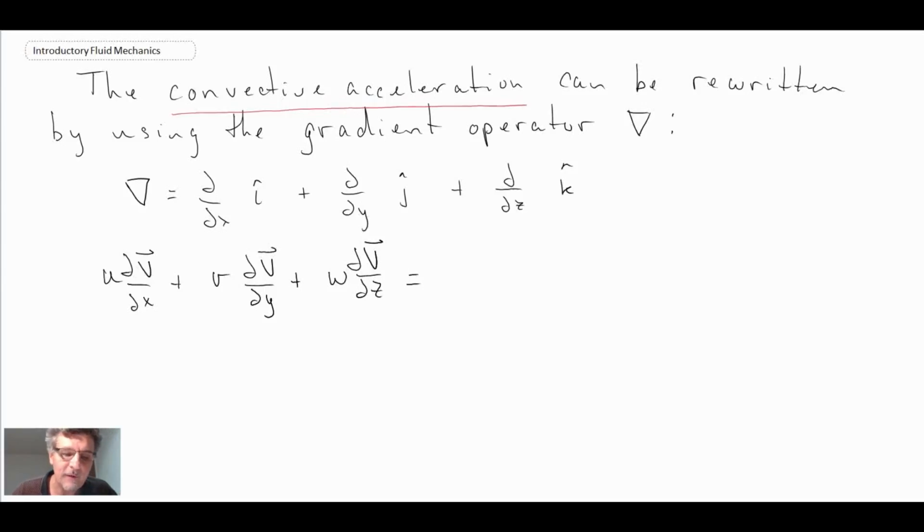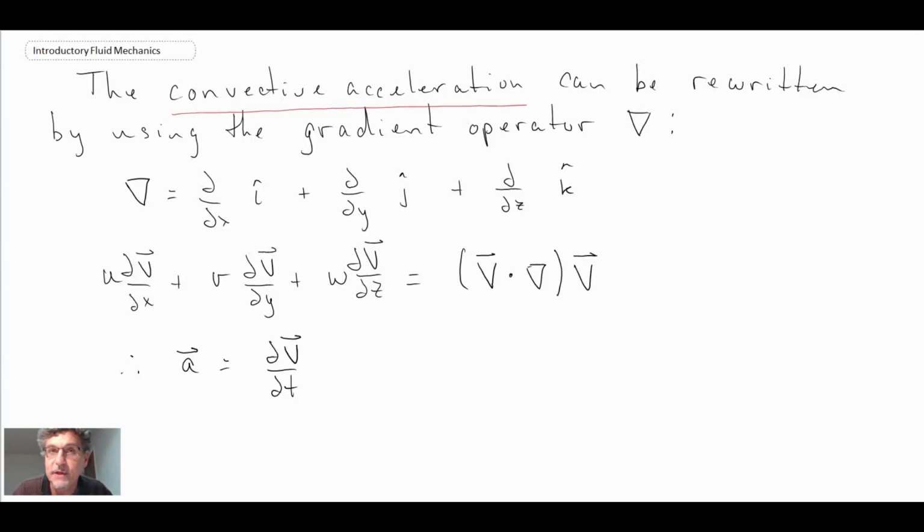So that was our convective acceleration, and we can then re-express that using the gradient operator as this. We take our velocity dotted into the gradient operator, so that would be v dot del, and it is then multiplied by the velocity vector v. Therefore, we can rewrite the acceleration as being our local acceleration, which was dv by dt.